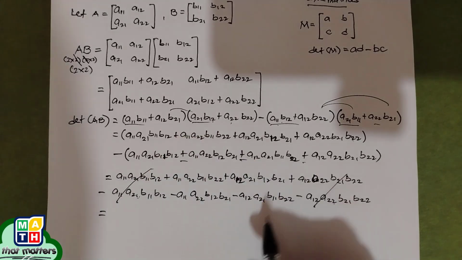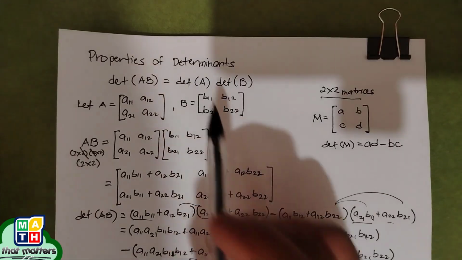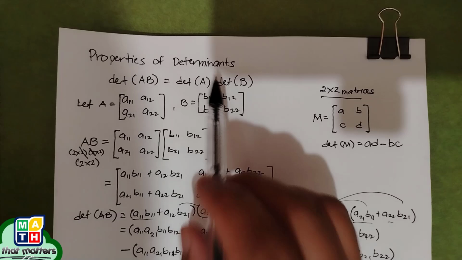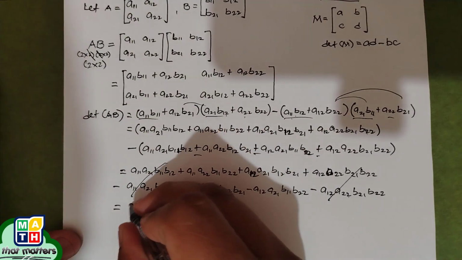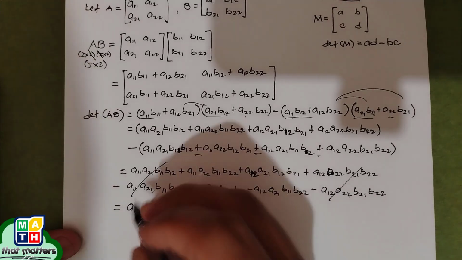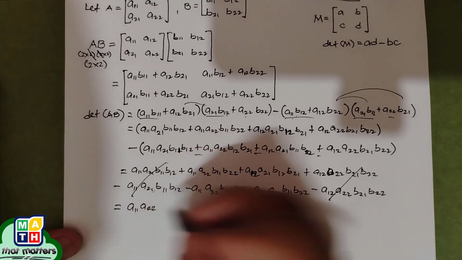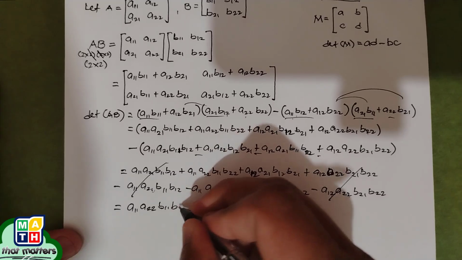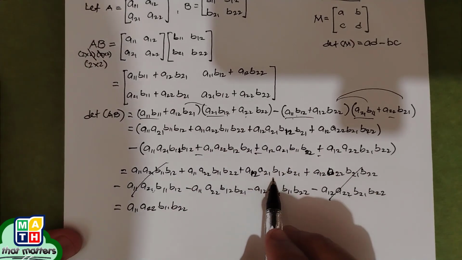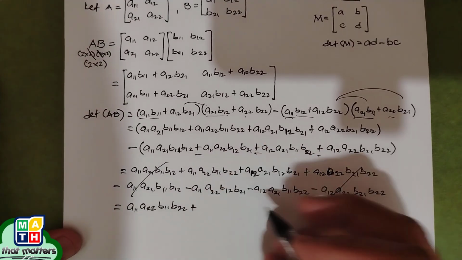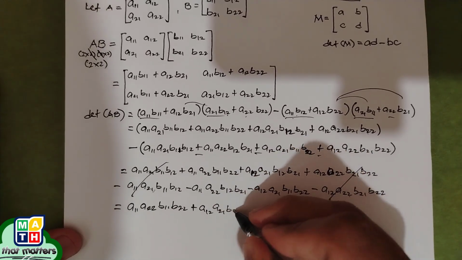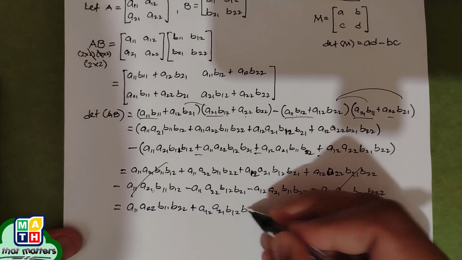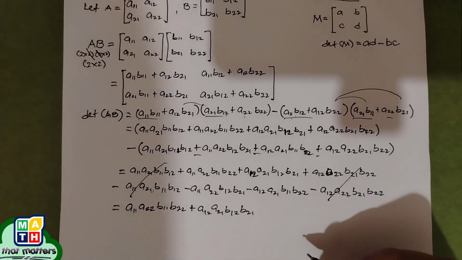So we are left with this. Take note that our goal is we are going to reach the product of determinants, and we are not yet there, but we are getting closer. So let's start with A11, A22, B11, B22 from here, and here you will have plus A12, A21, B12, B21 as well.